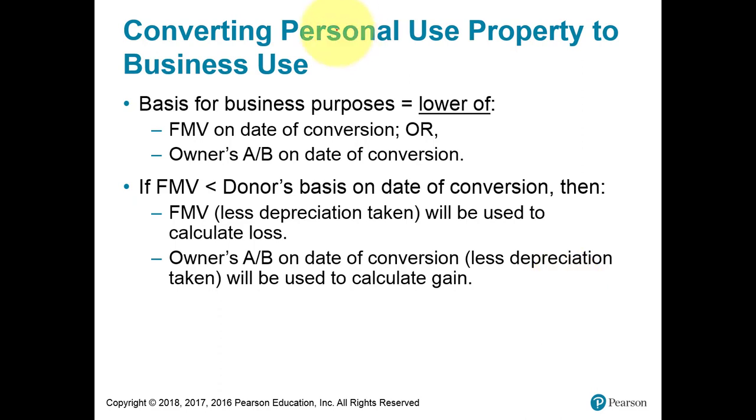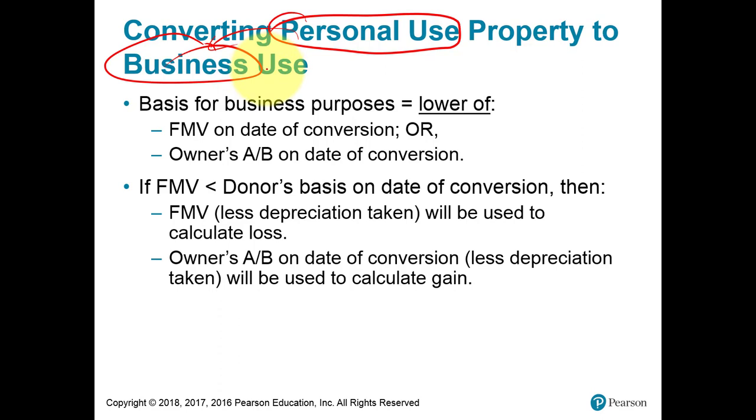So let's say that you purchase or acquired personal use property, meaning you use it not for business or not for investment. And then later on, you convert it to business use. So maybe a typical example is you buy an automobile for your own driving, commuting, and then you contribute it to a business.